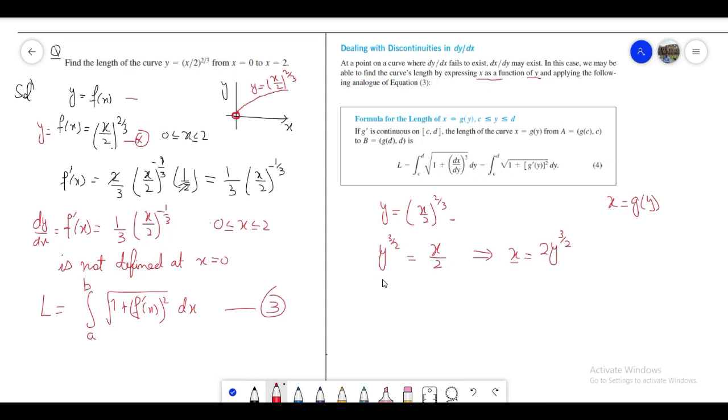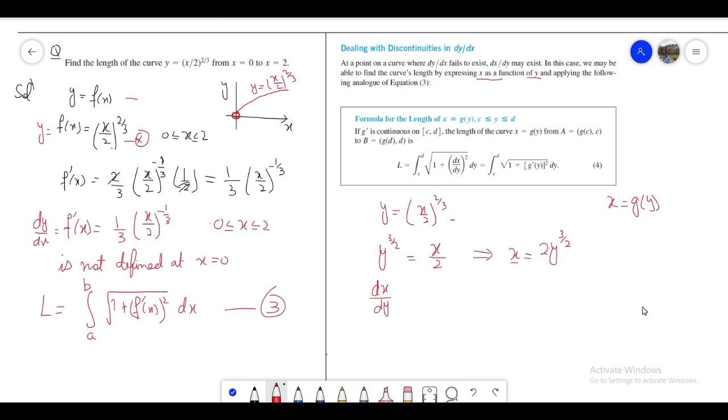Now in this case, if we want to take the derivative, which is dx/dy, you see we have the derivative with respect to y.